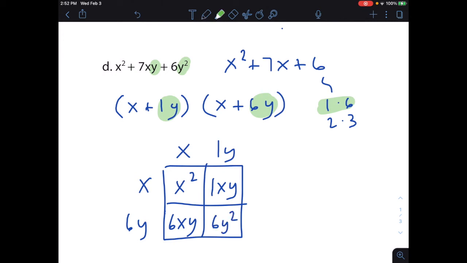So you can see we get the x squared that we want. We get the 6y squared that we want. But then when we add these two together, we end up with the 7xy, which is the middle term, which is what we want. Okay, so if you ever doubt yourself or your answer, just turn it around, multiply those binomials together, and you should be able to see whether or not you have the right answer or not.